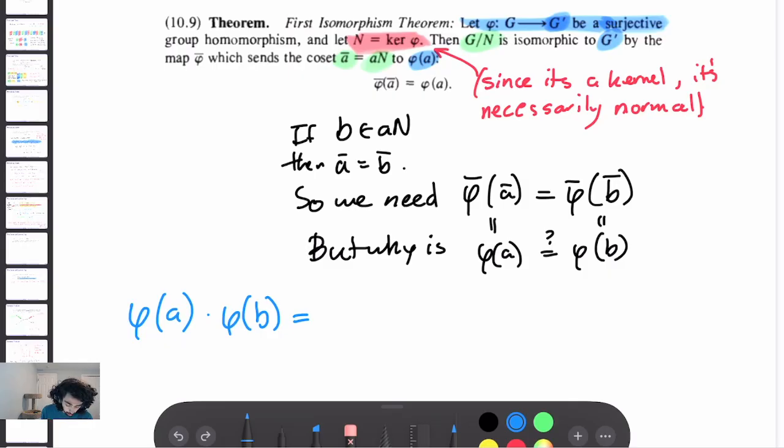We're saying, hey, we know this is a homomorphism, so you can't stop me from writing this. Let's be clear about this.